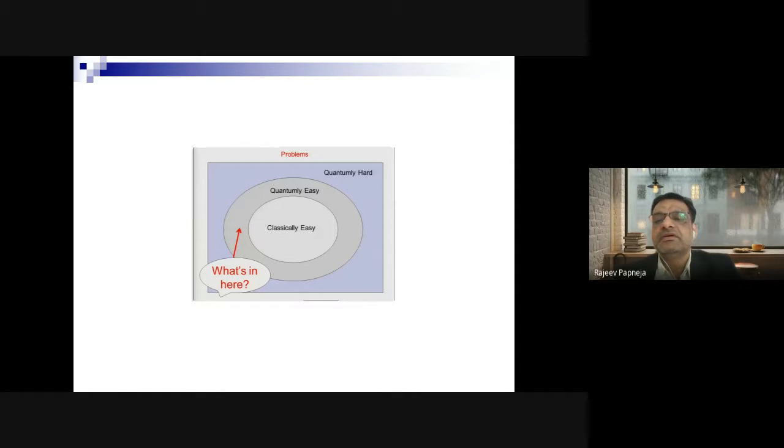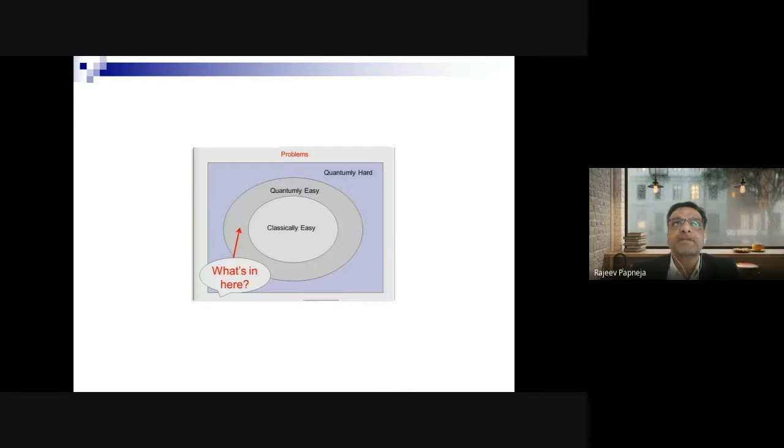Now, such kind of problems like the traveling salesman problem and the factoring problem, these kind of problems are really what we call quantumly easy problems and classically difficult problems. There are many other problems of similar nature.